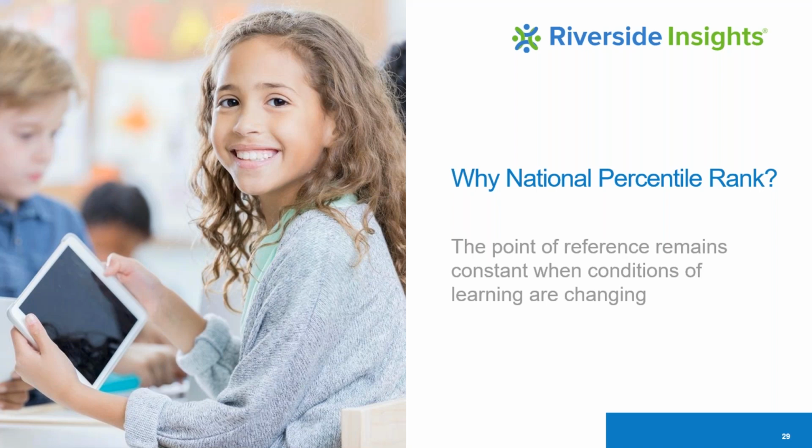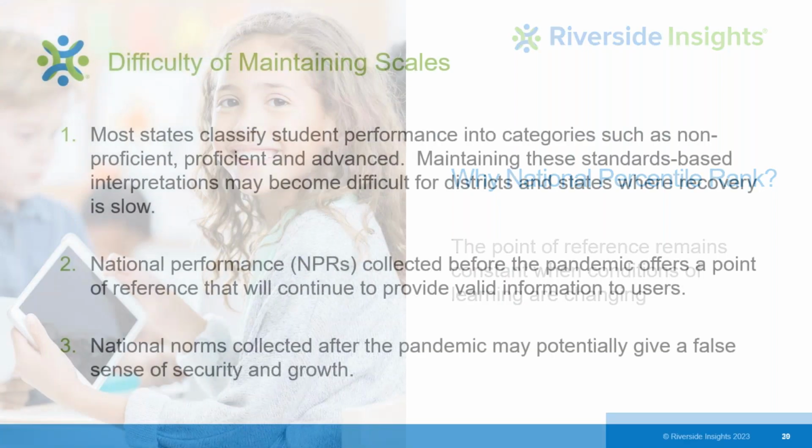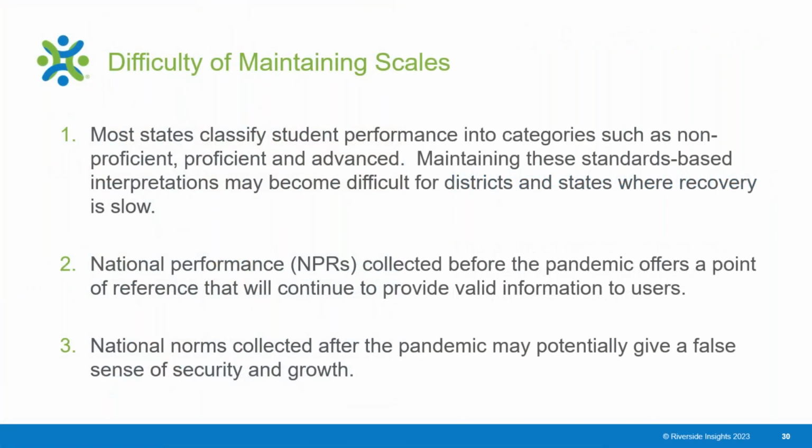The next slide says, depending on what school or district or diocese you're representing today, if you're in a state and you are taking your Every Student Succeeds Act accountability measure, you know that your state may be classifying students into categories like proficient, advanced, and so forth.